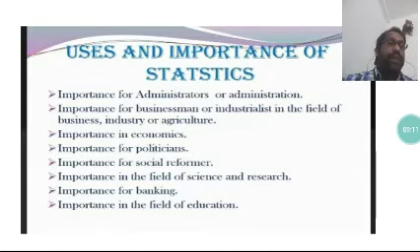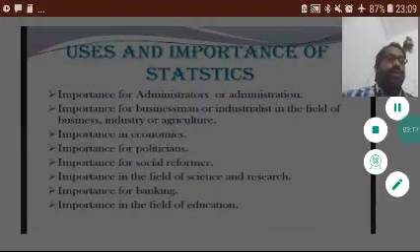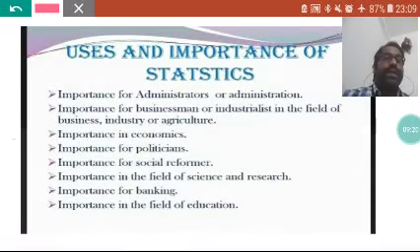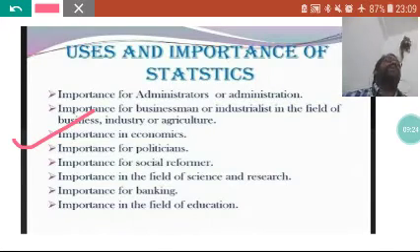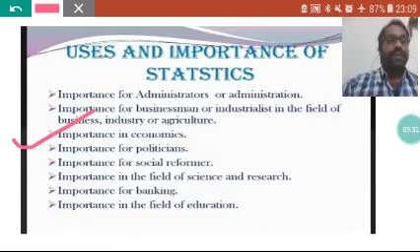Now the use and importance of statistics. What is the use and what is the importance of this? See, it is important in economics. A survey is going on on how many people are below the poverty line and how many are above it, so that the government can distribute funds to the needy people.